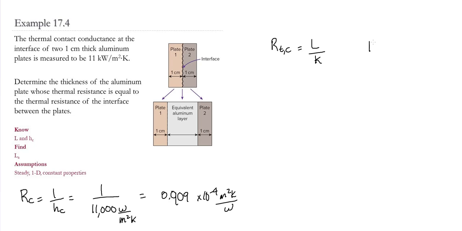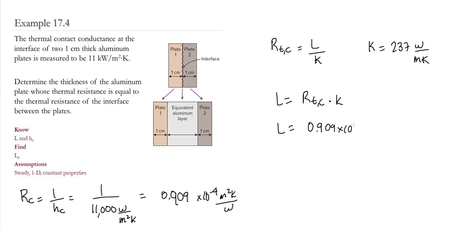Since it's aluminum, we're going to use a value for K equal to 237 watts per meter Kelvin. And then we're looking for the length. So we simply say that the length is going to be the value of the resistance times the value of K.